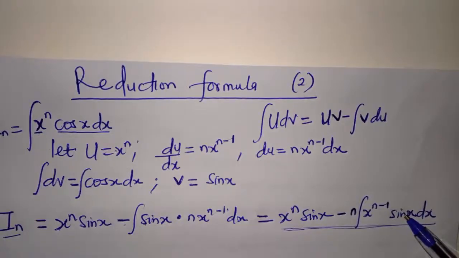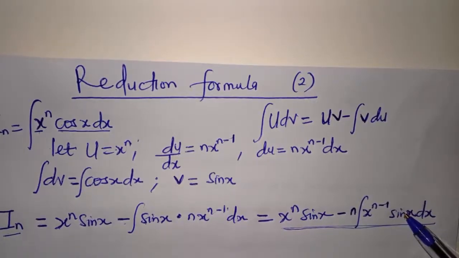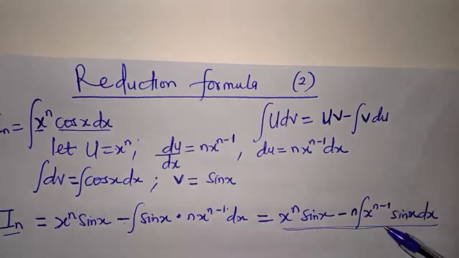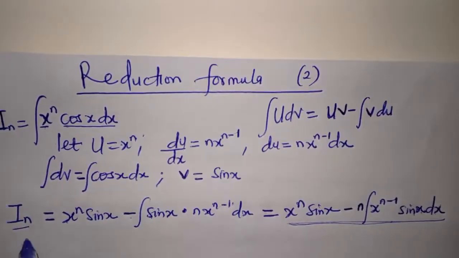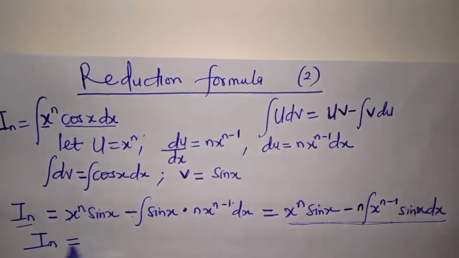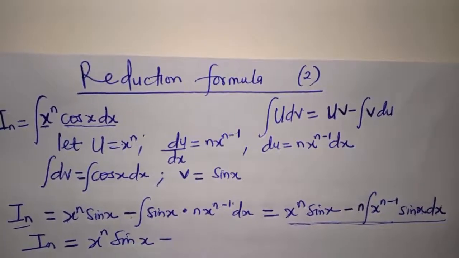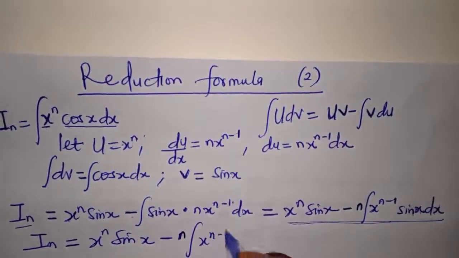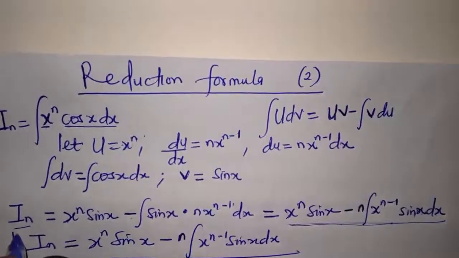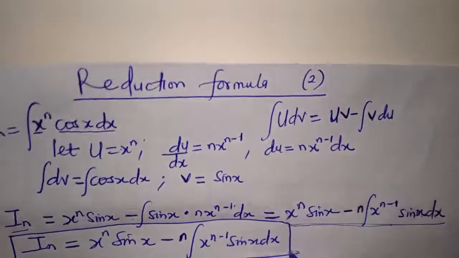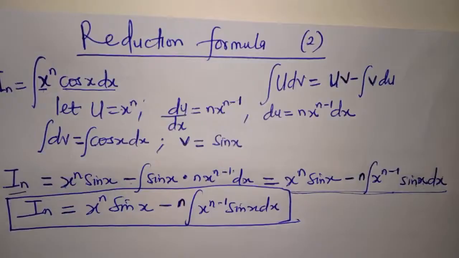I need an integral that contains cosine. To get that is just for me to reintegrate this particular function. Okay, now watch. I sub n is equal to x to the n sine x minus n into the integral of x to the n minus 1 sine x dx. Alright, this must be noted. We are not going to forget this. We'll come back to it.